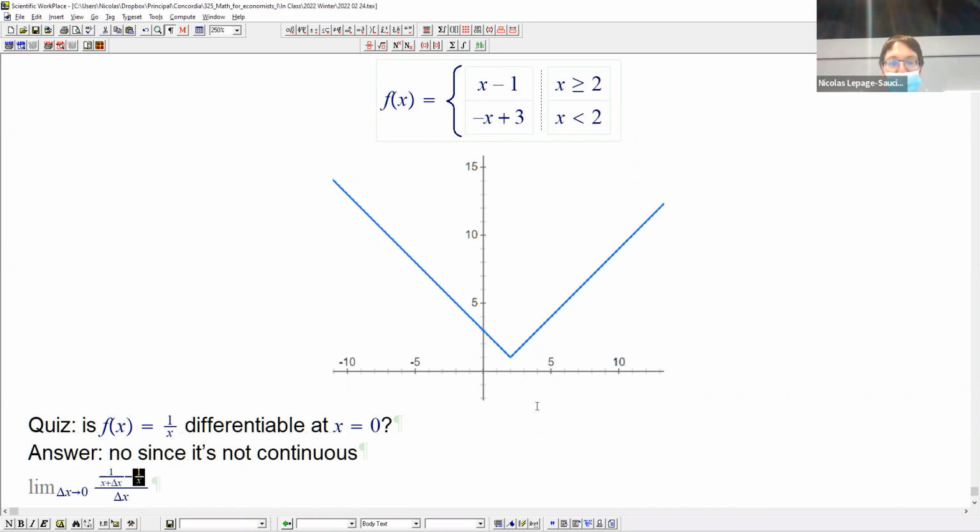And here you already see that there's a problem. I cannot estimate it at 0. So you're stuck. It's wrong, is the only thing I can say.